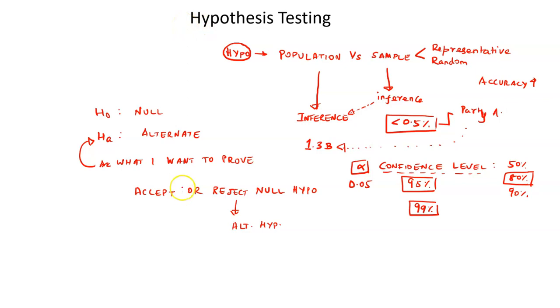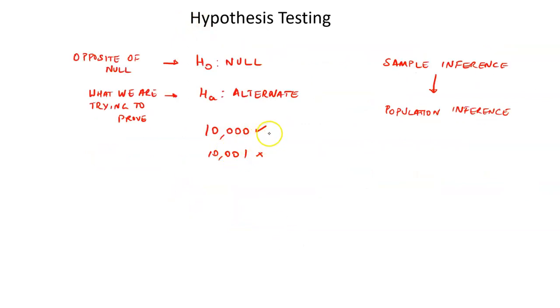Why, you may ask? Let's say I have accepted a hypothesis 10,000 times, and then on the 10,001st time, I reject the hypothesis. That means the hypothesis is rejected.